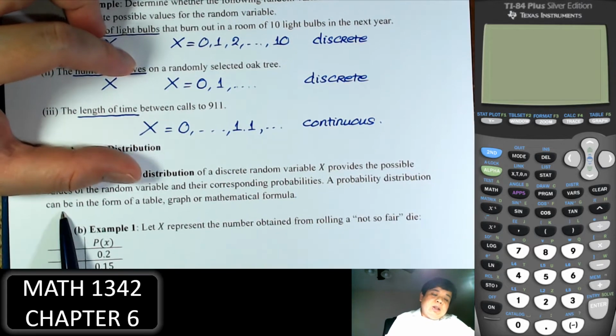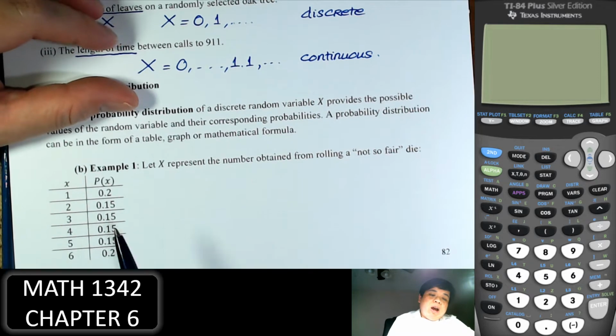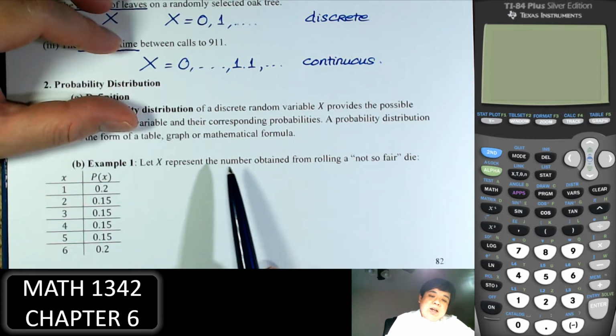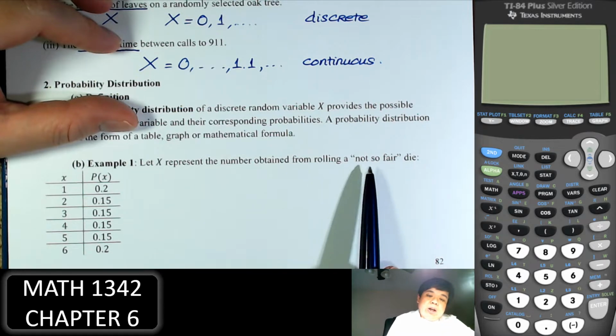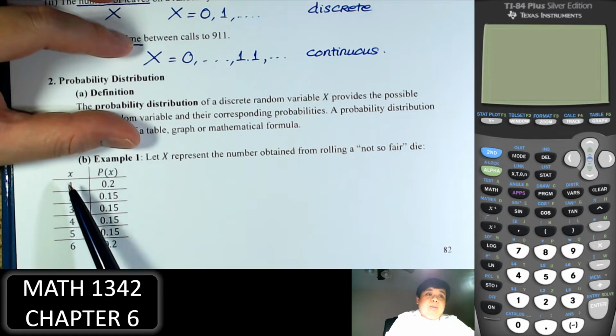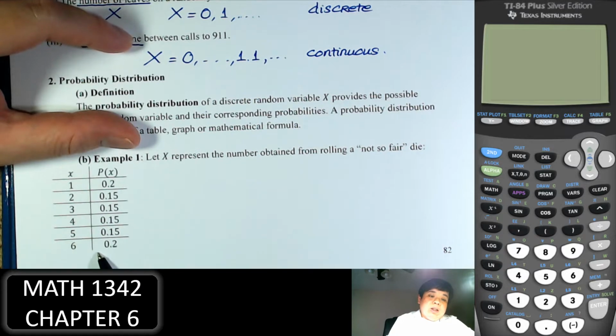A probability distribution can be in the form of a table, graph, or mathematical formula. Here, for example, x represents the number obtained from rolling a not-so-fair die. Rolling a die, we may get from 1 to 6, and each one has a different probability. So these are the values of the random variable with the corresponding probabilities.